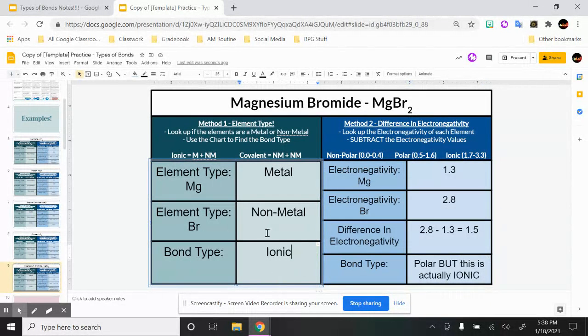Occasionally, you'll get ionic over here and polar over here, but it's still going to be an ionic bond, okay? If you said polar, I wouldn't take off points, but if you did say ionic, you would still get points as well. I'm going to try and not give you ones that are weird like this when we have quizzes and stuff, but I did want to let you know in case I make a mistake and give you one of these weird ones that if you do get something a little bit smaller, but it's still a metal and a non-metal, it's going to be ionic.